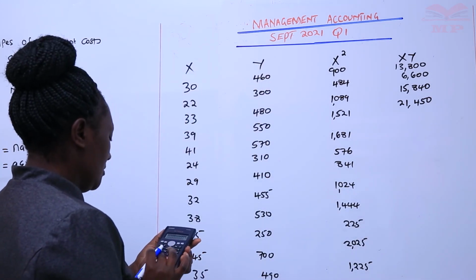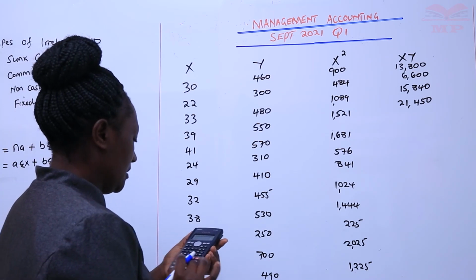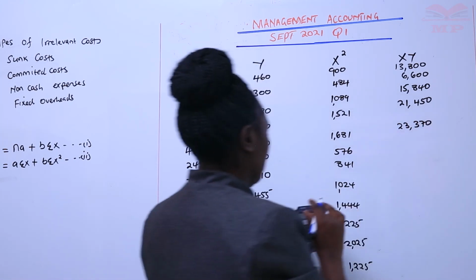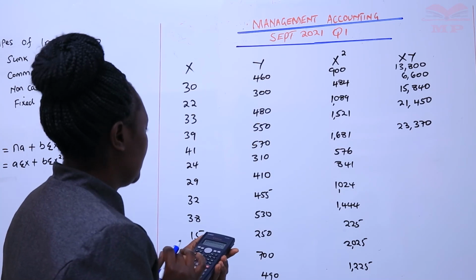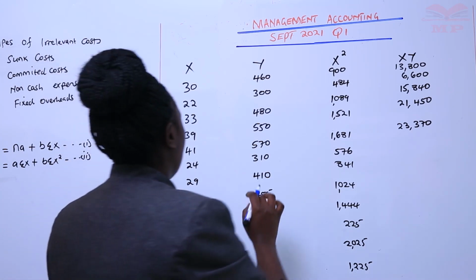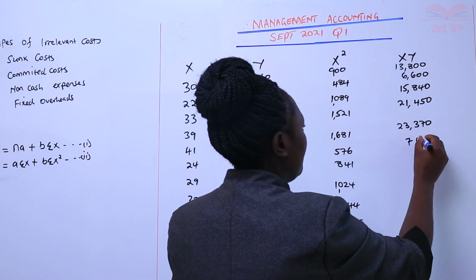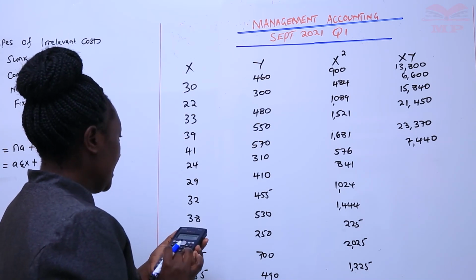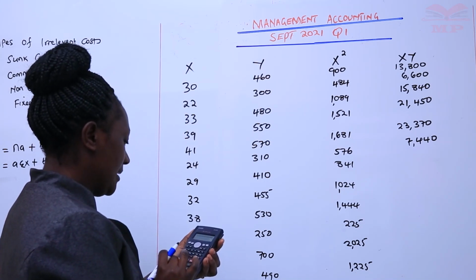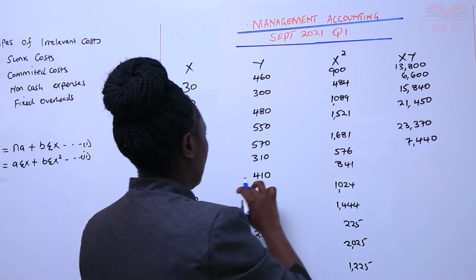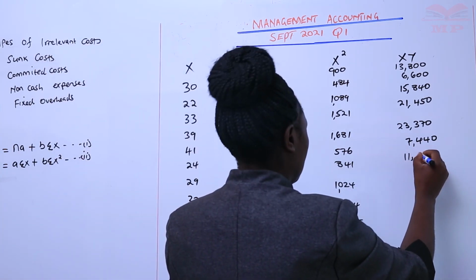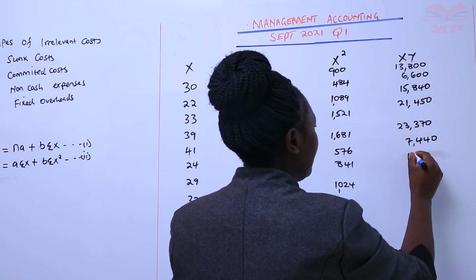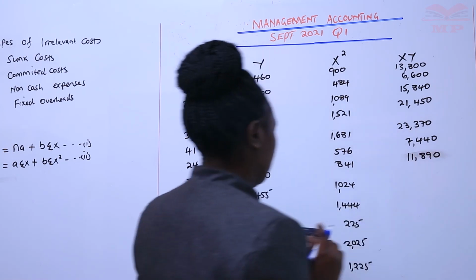Then we have 41 multiplied by 570. This will give us 23,370. 24, that's the next one, times 310 will give us 7,440. Then the next one is 29 multiplied by 410. This will give us 11,890.